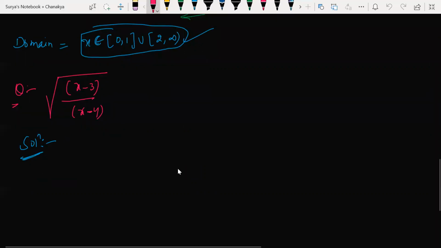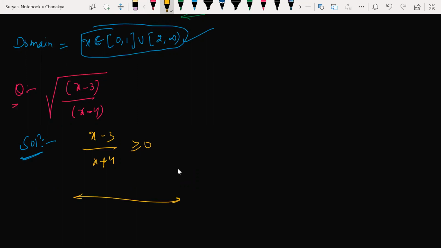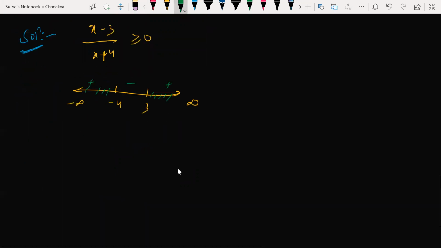Very simple again: (x minus 3) by (x plus 4). This has to be greater than or equal to 0. Again, Wavy Curve method. What are the critical points? Minus 4 and 3, with minus infinity and plus infinity. The signs are plus, minus, plus. I need only the positive regions.